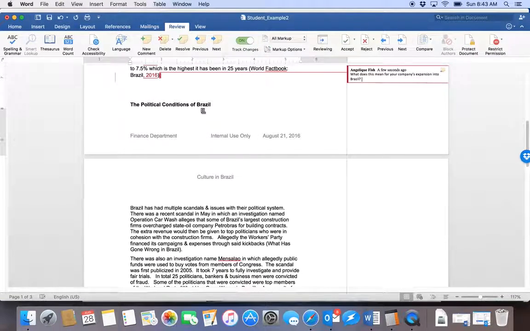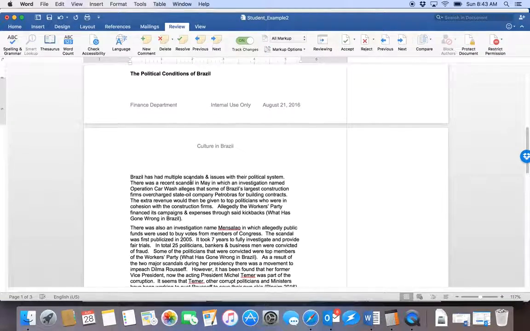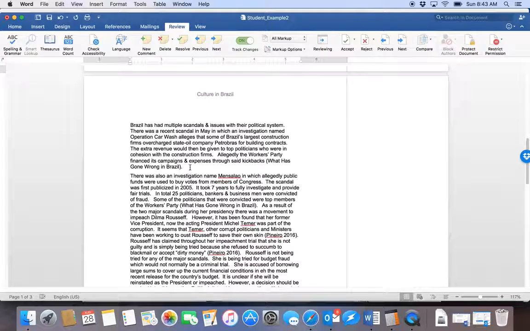Okay, the political conditions of Brazil. Brazil has had recent scandals, and let's use real words here: issues with their political system. There was a recent scandal in May in which an investigation named Operation Car Wash alleges that some of Brazil's largest construction firms overcharged state oil company Petrobras for building contracts.